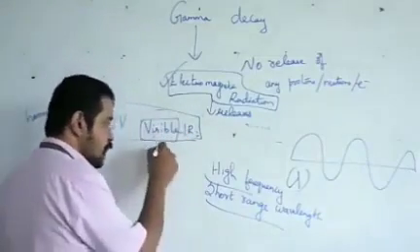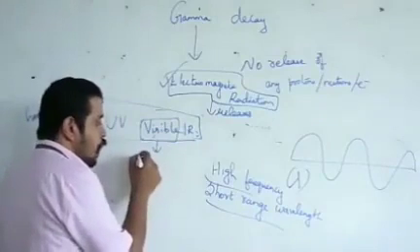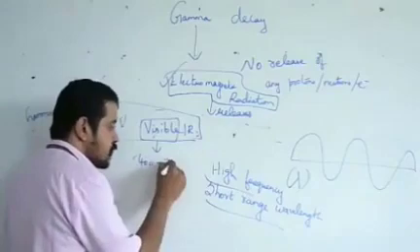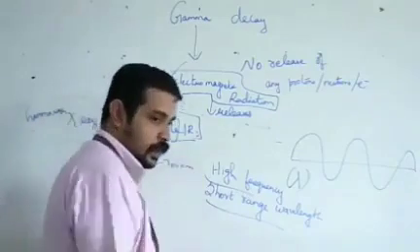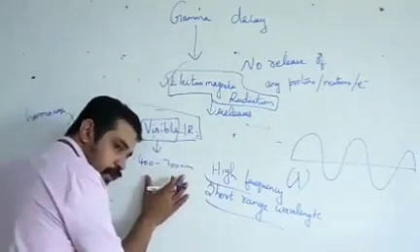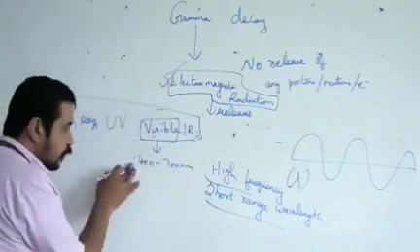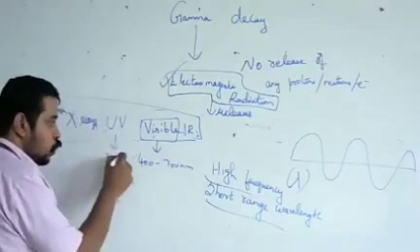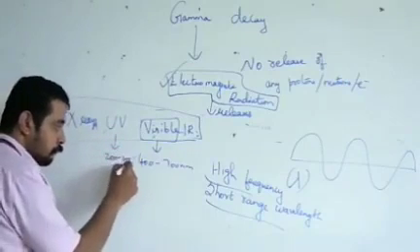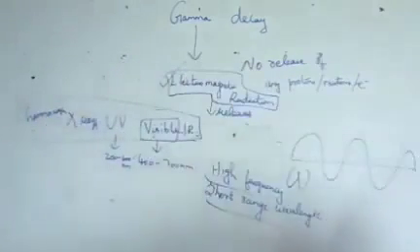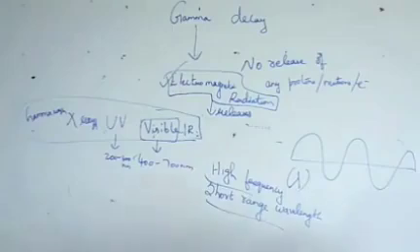Now this visible range is from 400 to 700 nanometer. Less than 400 is going to be UV, that is 200 to 400 nanometer.